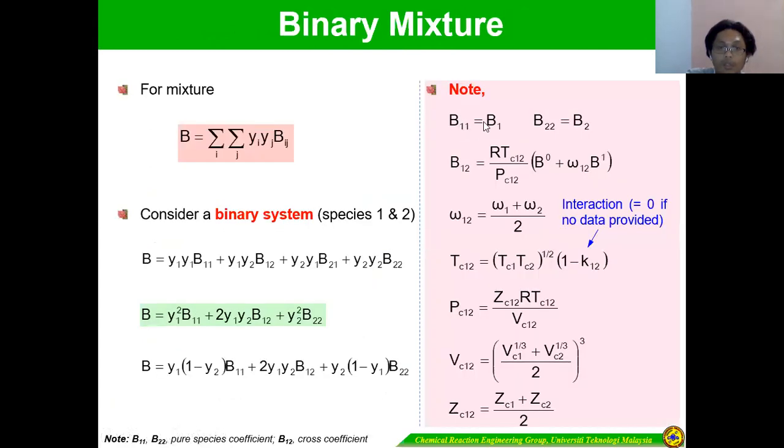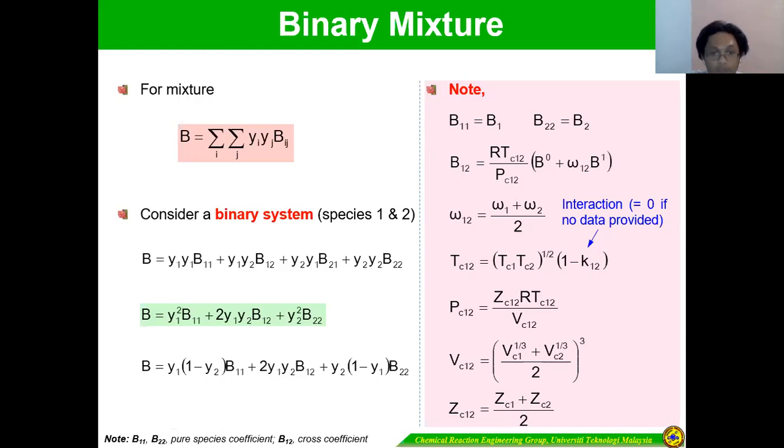You have to remember B11 and B22 are for pure species. B12 is for the mixture of components, with omega 12, TC12, PC12, VC12, and ZC12, since this one is for the mixture. Please remember there are at least two components. Binary is for two components.